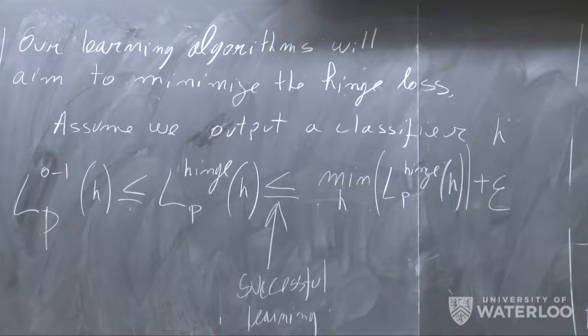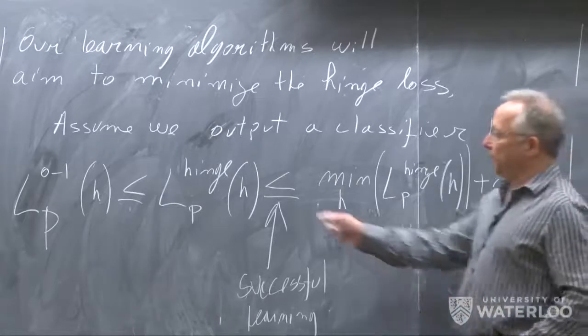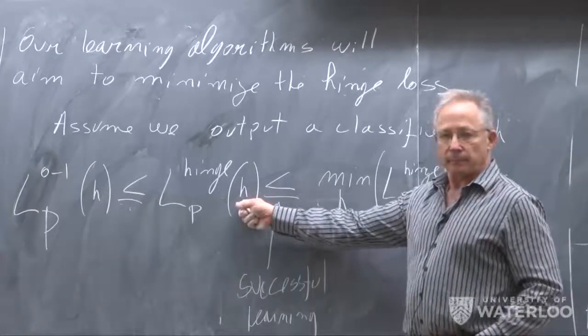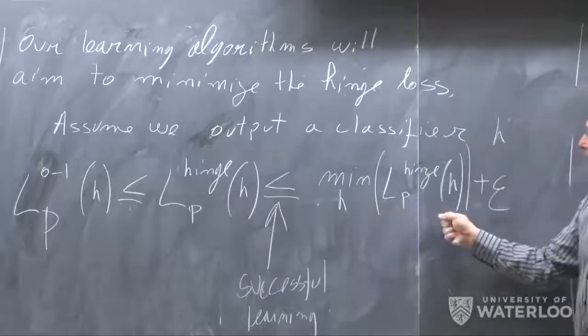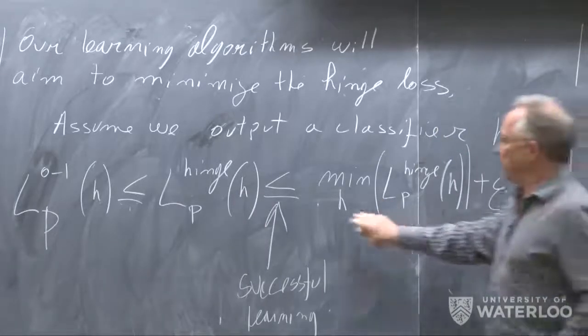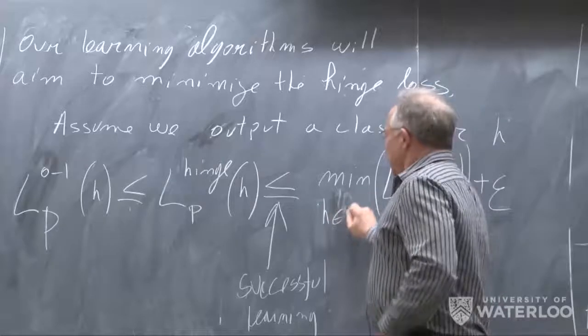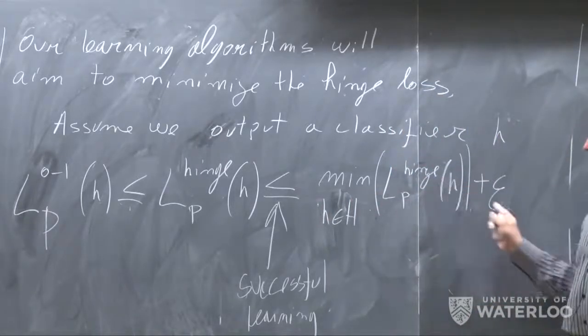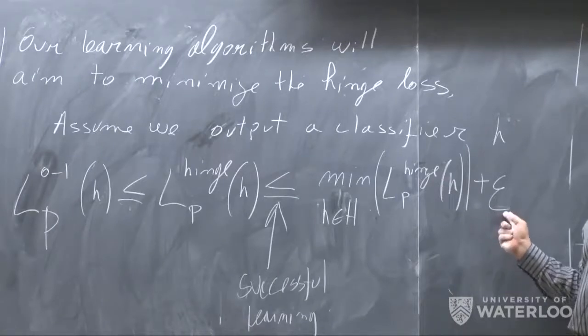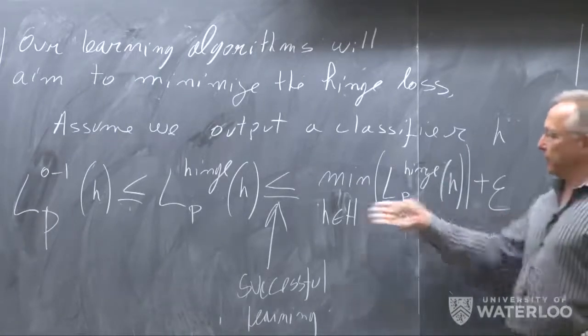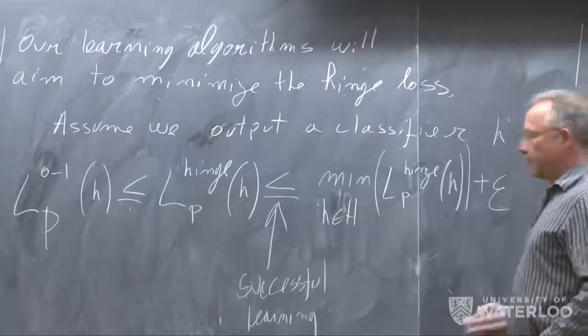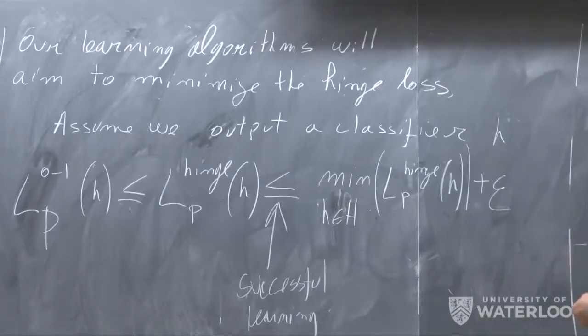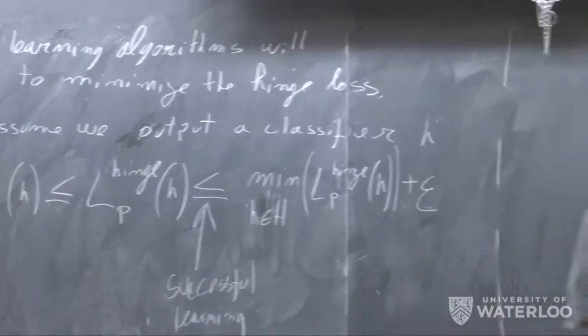If we had epsilon successful learning, then in the agnostic setting, what we claim is that we manage to find some H that competes with the best in the class, the minimum over all H's in my class of the hinge loss of that H, plus epsilon. That's what we are trying to do. We have some loss. We're trying to compete with the best in the class. But now we want to know what it means in terms of the 0-1 loss.